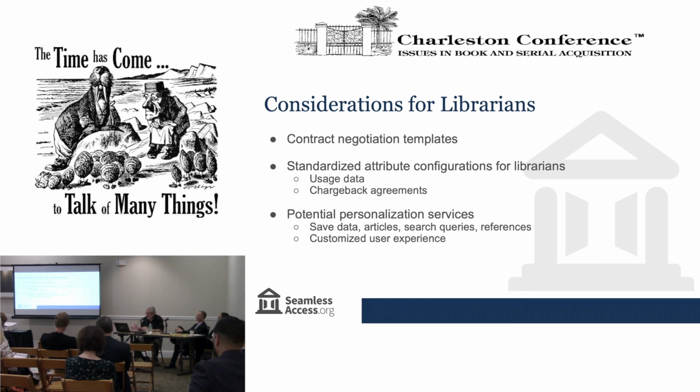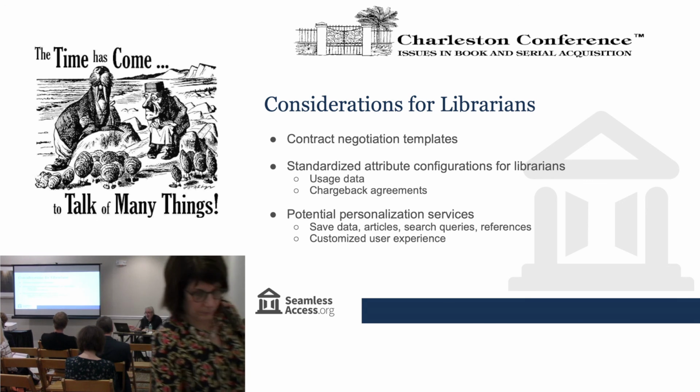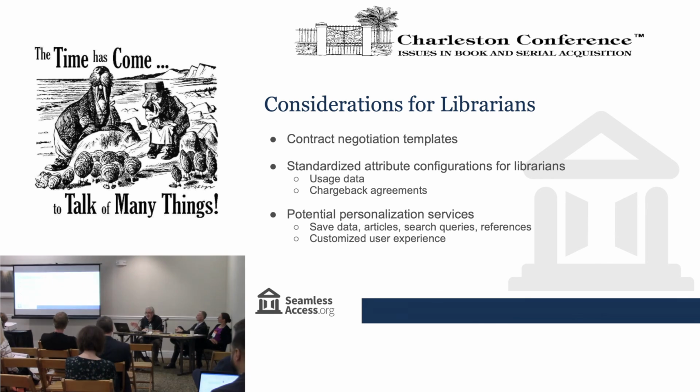And I get all that. Probably the answer is somewhere in the middle, but it's really up to the institution what kind of balance they want to strike in releasing these attributes, and the balance between user privacy and more robust services.